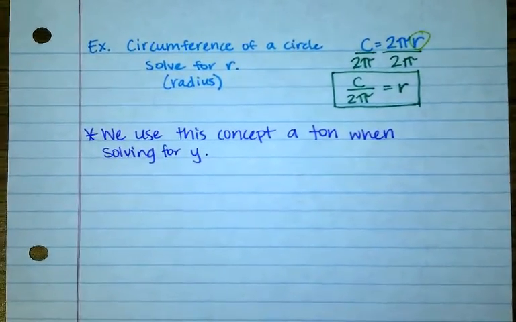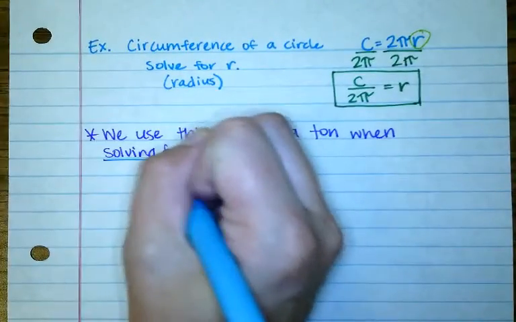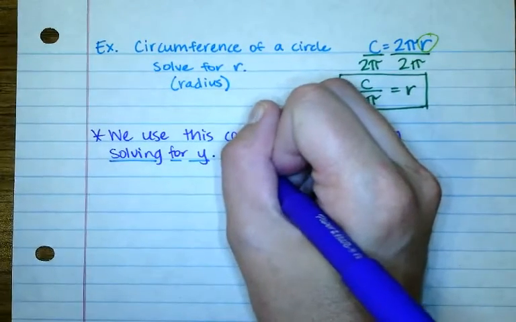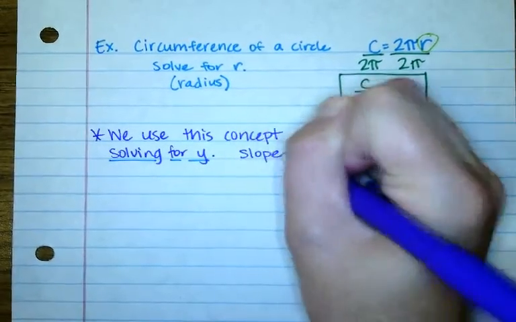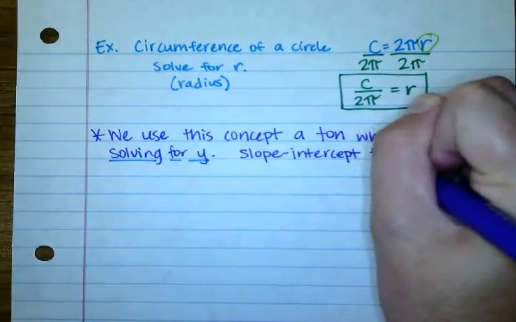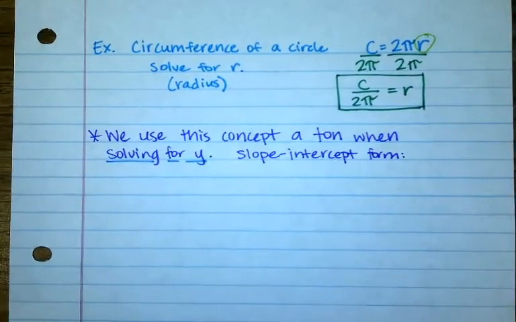You guys have worked with the slope-intercept form previously, and we're going to be doing it a little bit. Our slope-intercept form of an equation is y equals mx plus b, okay?